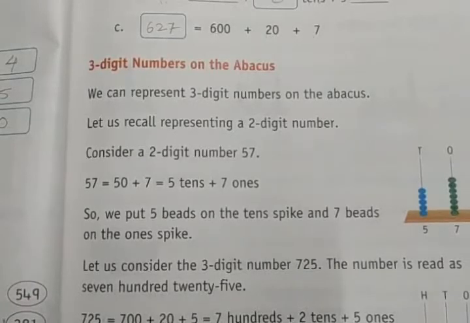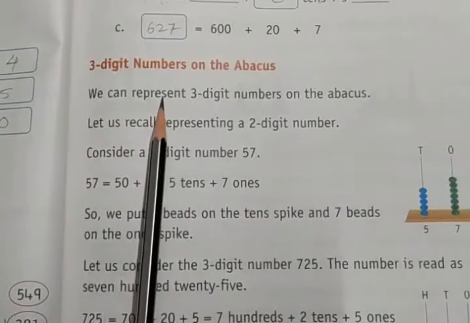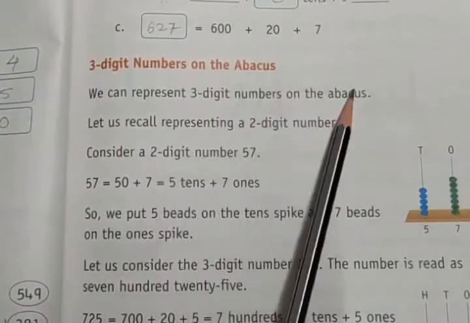Just watch the video, listen to it, then try to work on the concepts. I'm sure that you can do it on your own. We can represent 3-digit numbers on the abacus.